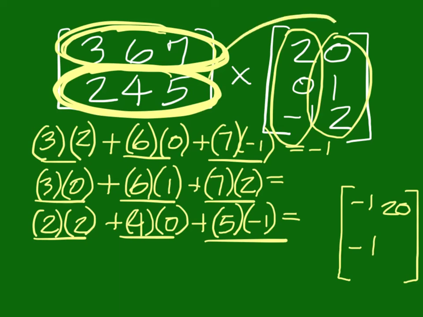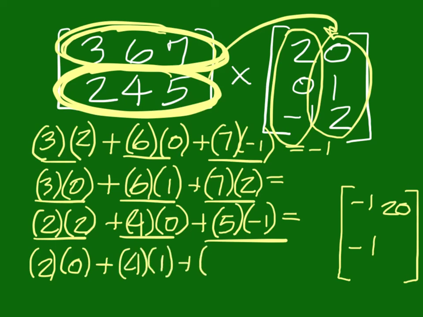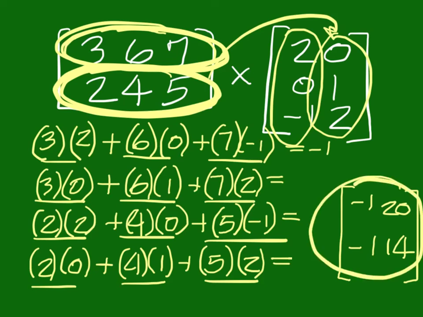And then go to the second column and get 2 times 0 plus 4 times 1 plus 5 times 2. 0, 4, and 10. 14. There are no more possibilities to multiply out, so your final answer ends up being a 2 by 2 matrix.